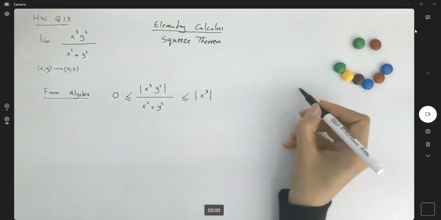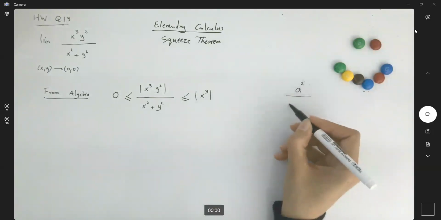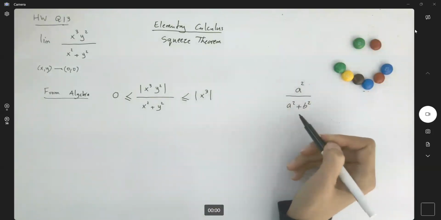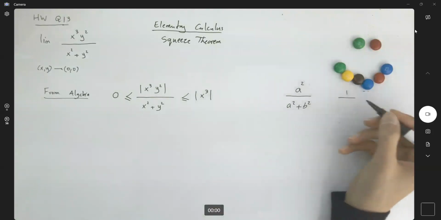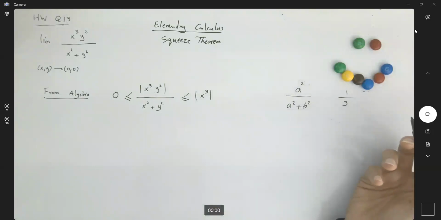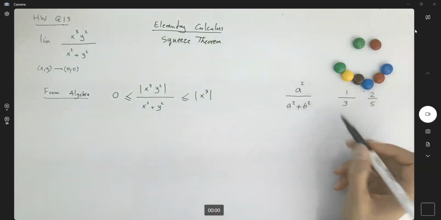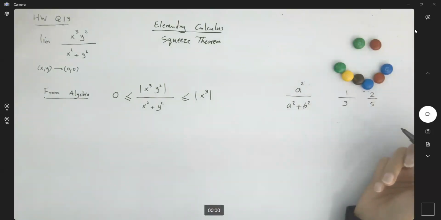If you have any fraction, a squared divided by, for example, a squared plus b squared, from elementary algebra, this is a fraction like 1/3 or 1/4, 2/5, anything. These fractions are always positive and they are less than or equal to 1.